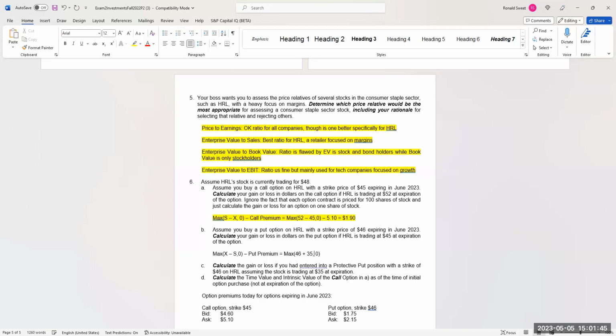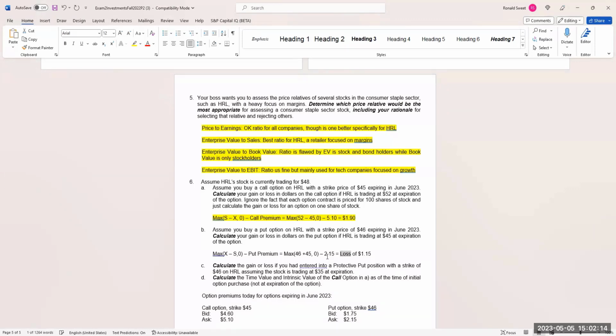Oh wait, stock price is 45. I don't even know where I got the 35 from. Sorry. It's 45. It's trading at 45. So it made $1 there, but the option costs $2.15. So that means we had a loss of $1.15.